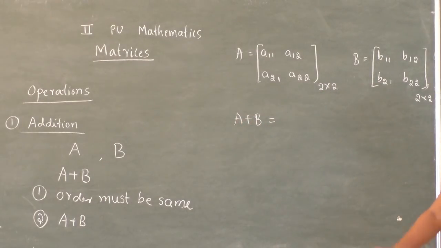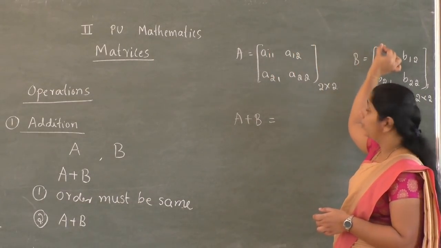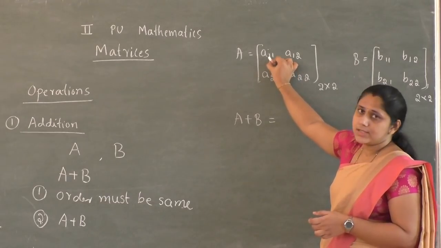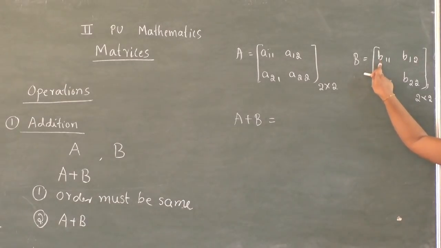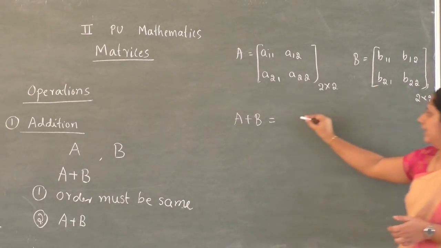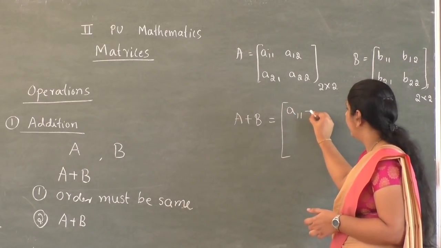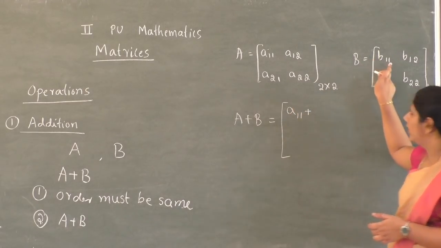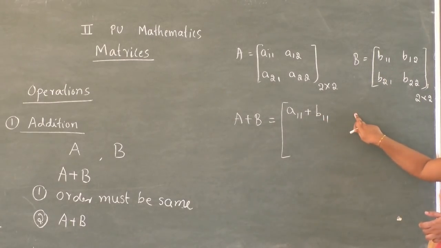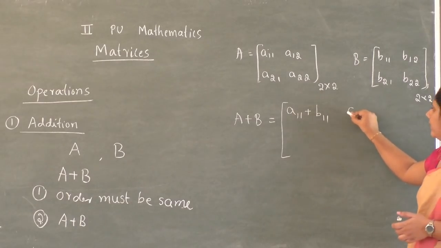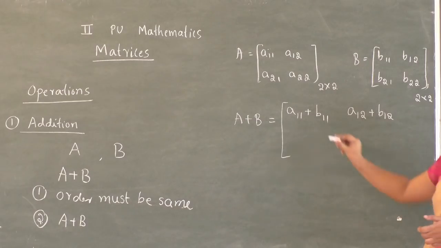To add A and B, we have to add the corresponding elements of A and B. That is, to the first row, first column element of A, we add the first row, first column element of B. The resultant matrix has elements A11 plus B11. Then the first row, second column element is A12 plus B12.